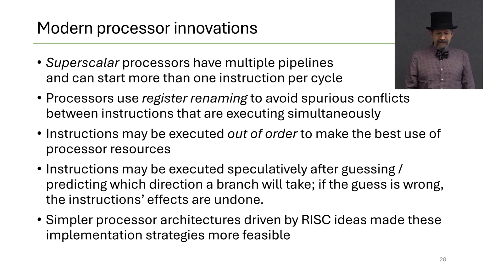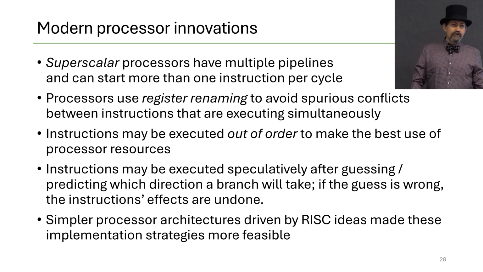We'll see an example of that in a couple of slides. Instructions can be executed out of order to make the best use of processor resources. So if we aren't ready to execute one instruction, maybe we can execute another instruction instead, out of order, and we use the resources that are available while we're waiting for the first instruction to be able to be executed.